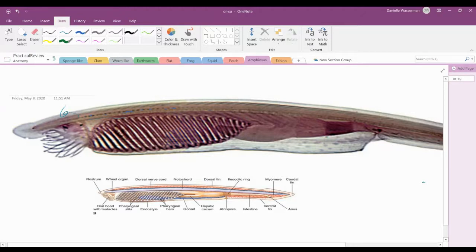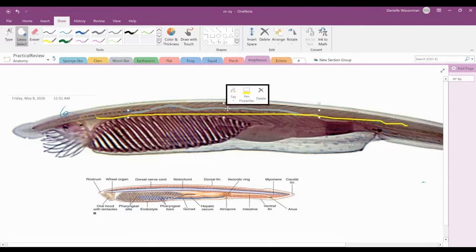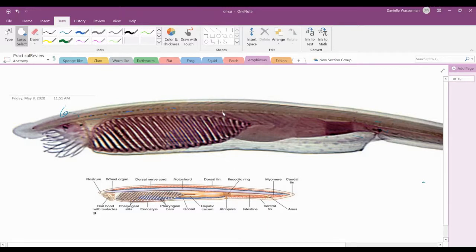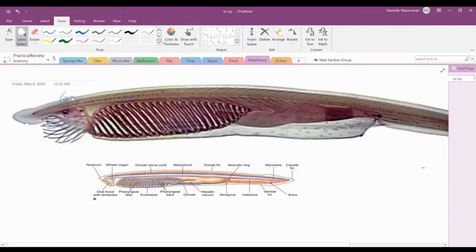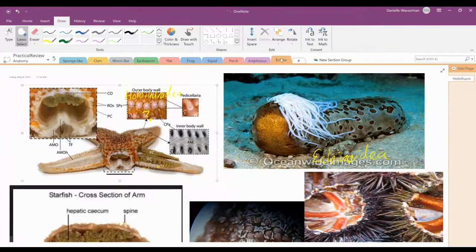So it's higher up, and it is not for structure. Okay, so the blue is the nerve cord, and the yellow is notochord. There's a list of 5 chordate characteristics you should know. We did echinoderm.